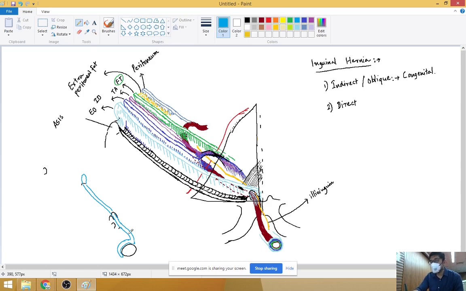This may be patent till here, or it may be patent till here. This is the superficial inguinal ring and there is just a communication like that. Or it may happen that it is communicating all throughout. So the congenital part is usually the indirect or oblique hernias.